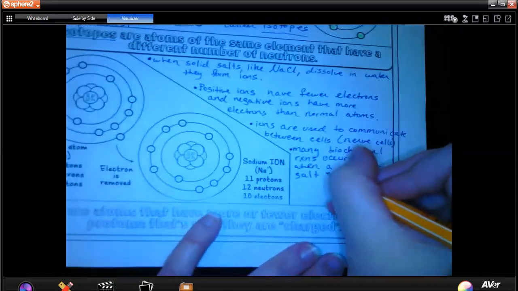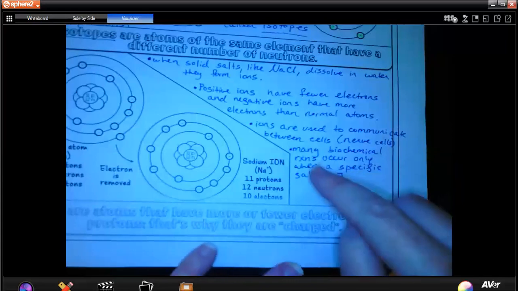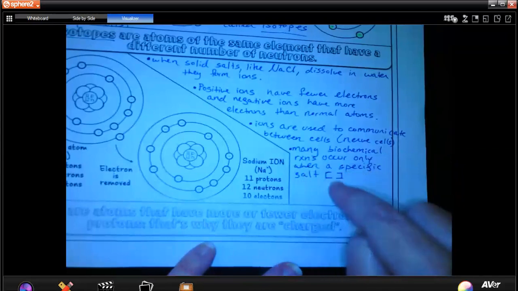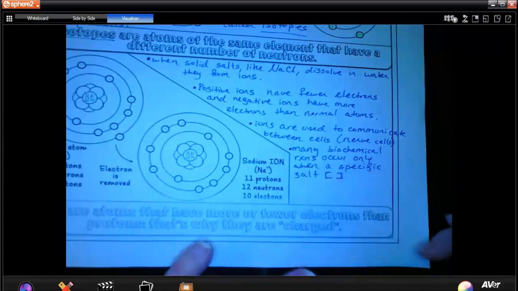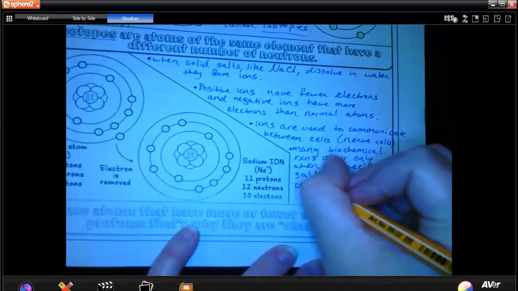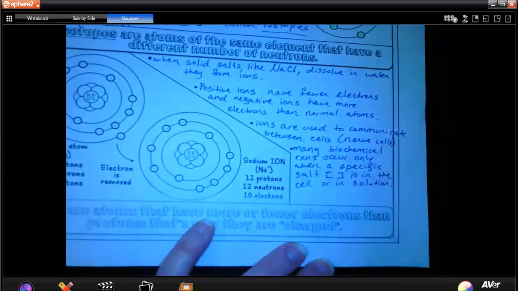I'm pretty sure that I saw this in a chemistry teacher, but this is for concentration. It's just open and closed brackets. So many biochemical reactions occur only when a specific salt concentration is in the cell or in solution. So you have to have a certain level.